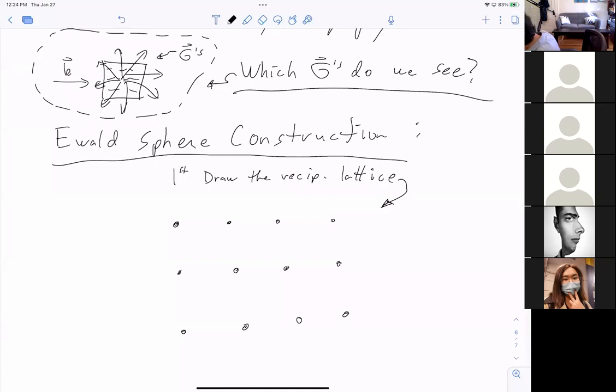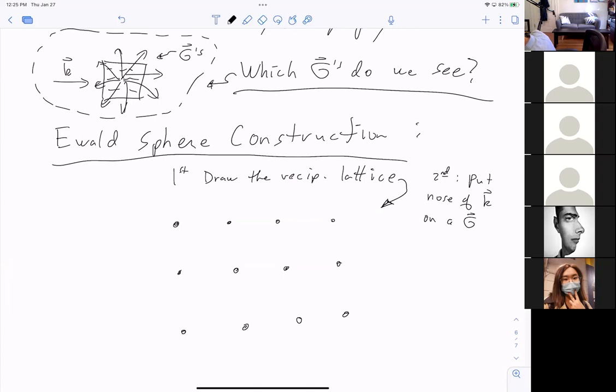And then second, put your incident wave vector, the nose of K, on a G point, a G vector. I'm just going to pick an arbitrary case.